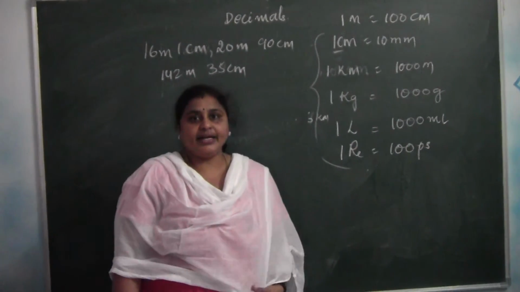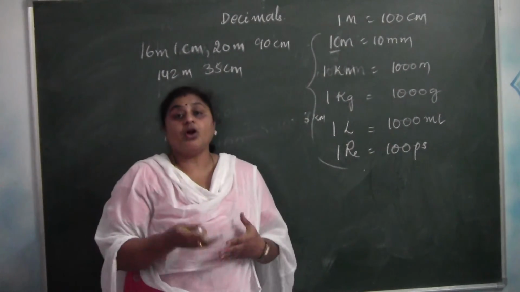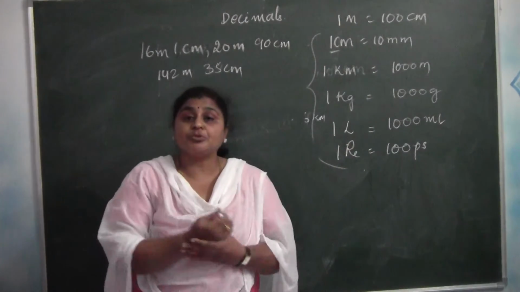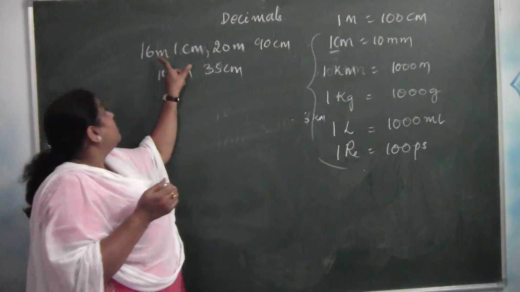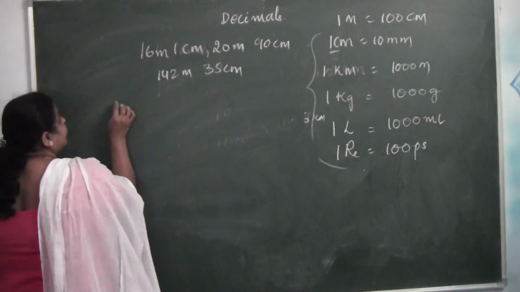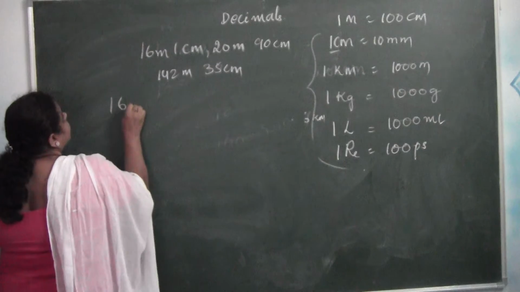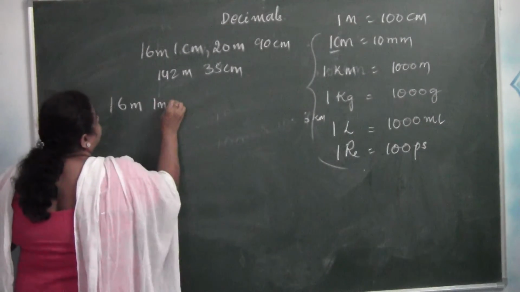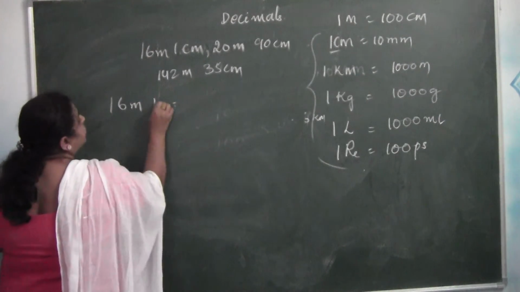as well as centimeters. So before adding, you have already learned how to express centimeters in terms of meters. So first let us take 16 meters and 1 centimeter.